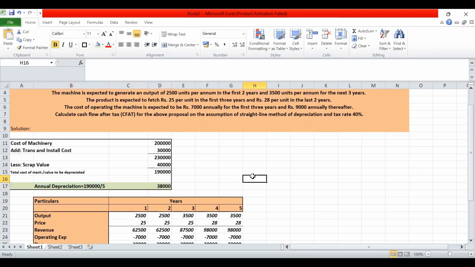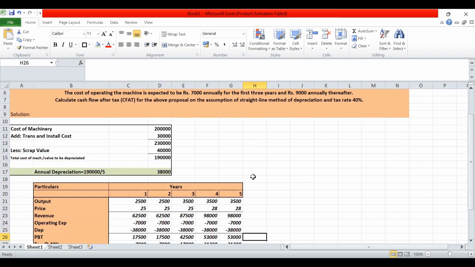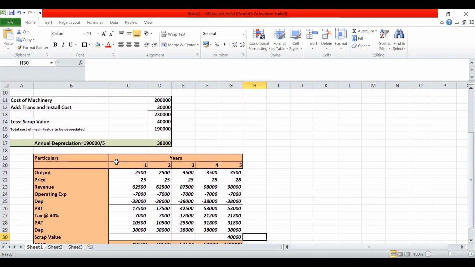The next is, we have been given the information regarding the years and certain particulars, so we will make a table of particulars and years. We know that output is 2,500 units for first 3 years and then 3,500 for next 2 years. Price is 25 rupees per unit for first 3 years and then 28 per unit for fourth and fifth year.